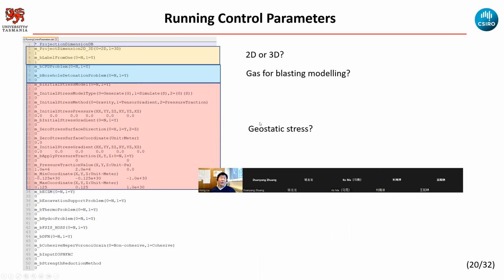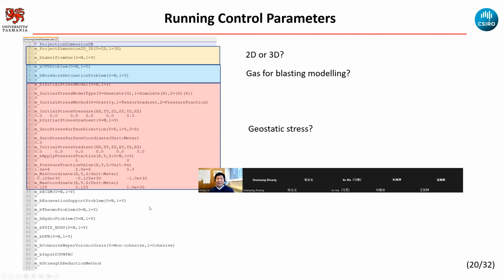If we model an engineering problem, such as rock burst, before the excavation you will have a very high in situ stress. We can use this to apply the very high in situ stress before the excavation. That's not relevant today, so I skip that one.